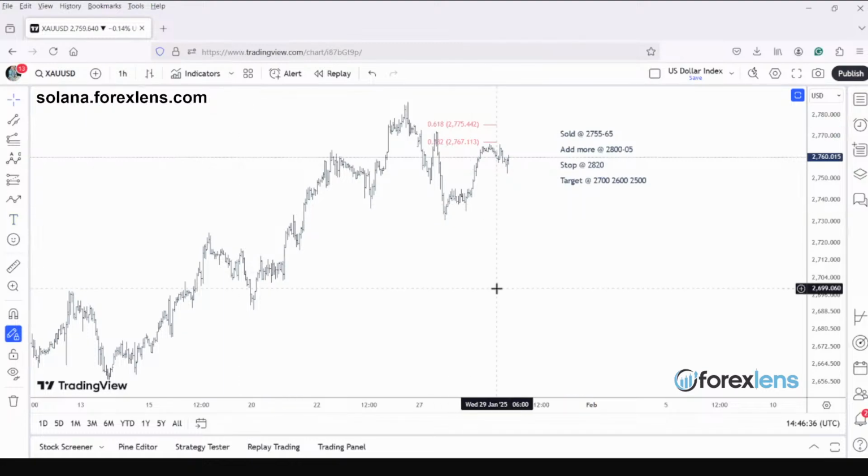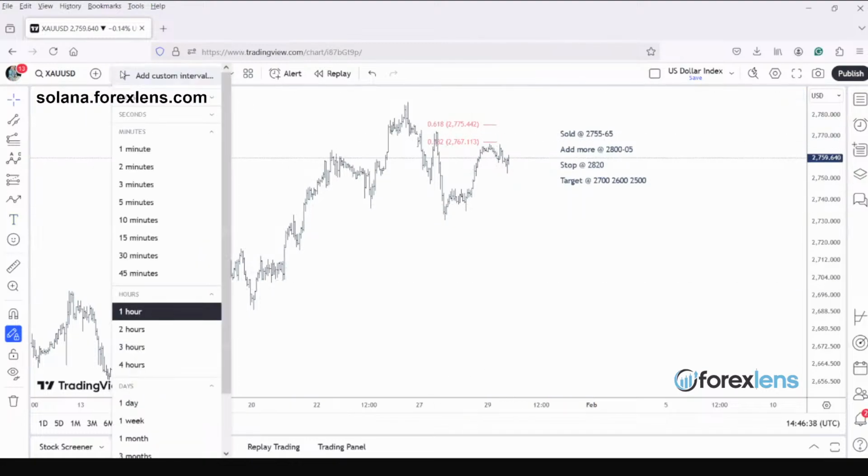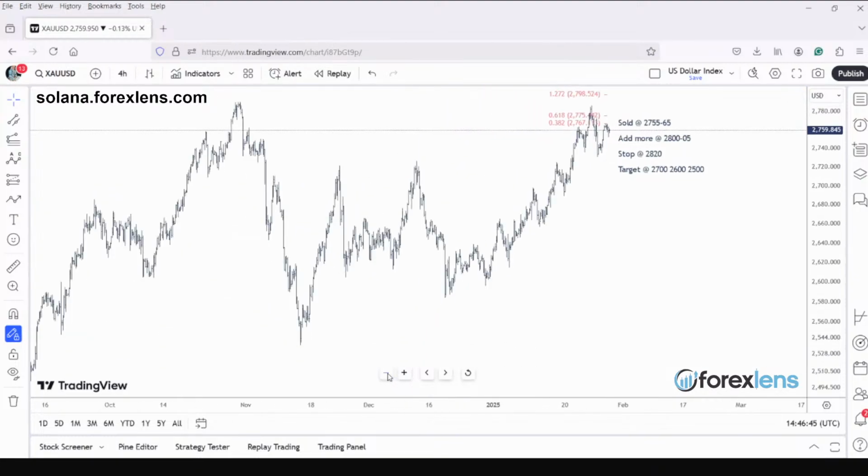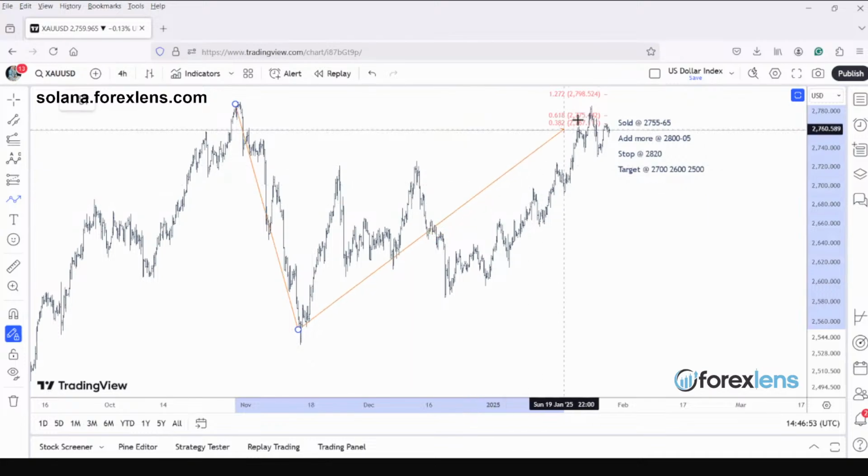All right, so that is the story which is now looking like it's going to unfold for gold. Okay, so we've got the first decline, and I mean you never know if it's a head and shoulder reversal happening.